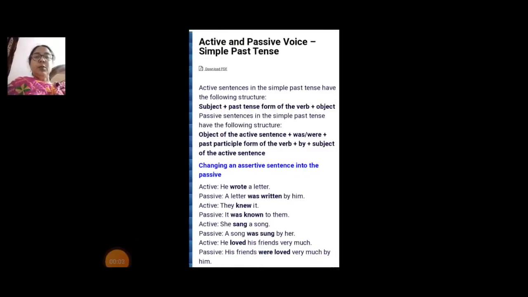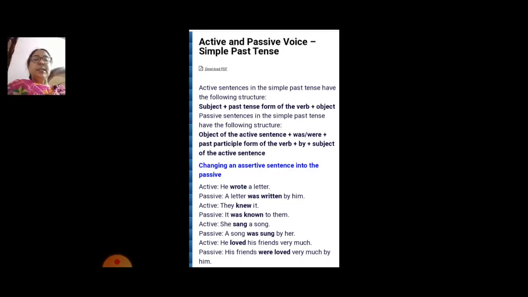Now we are going to start active to passive voice in simple past tense. How to change active to passive voice in simple past tense. Active sentences in the simple past tense have the following structure: subject, past tense form of the verb, and object, as we already understood.